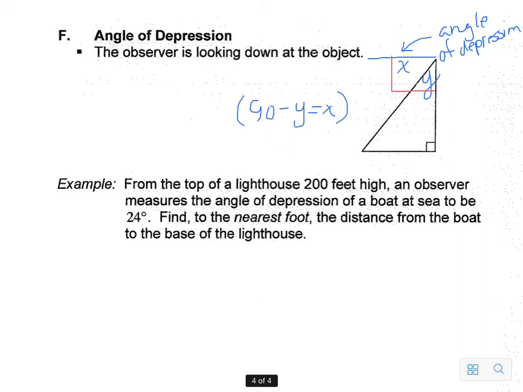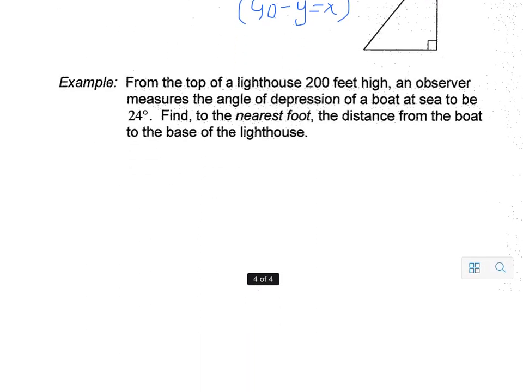Okay. From the top of a lighthouse 200 feet, an observer, let me move this up a little bit before we finish here, measures the angle of depression of a boat at sea to be 24 degrees. Okay, so here's our lighthouse. Nothing fancy. All right, so 200 feet, so this is 200.